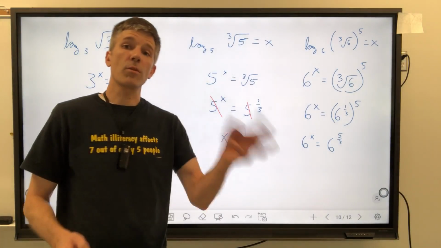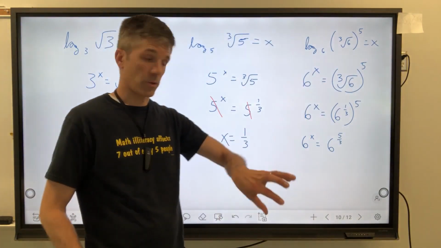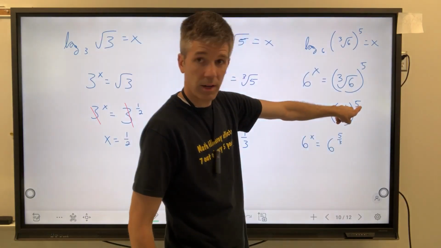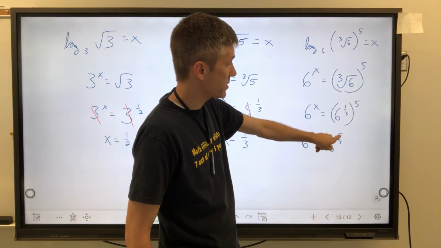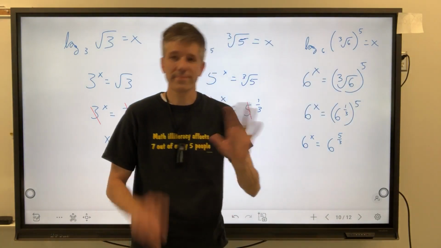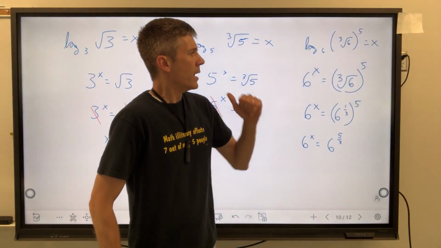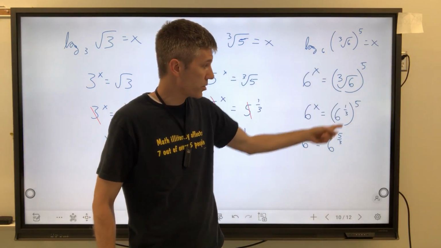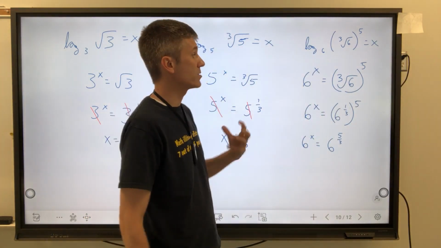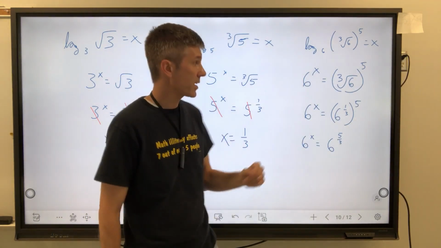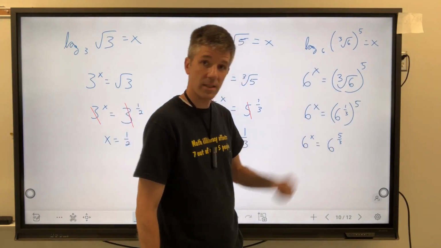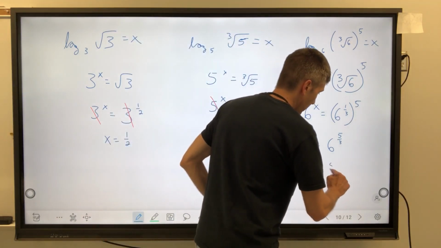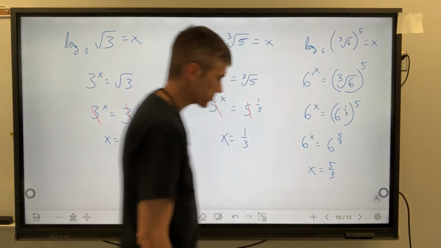So even though the cube root makes it a denominator of 3 in the root, in the exponent, that exponent of 5, just pure 5, means the numerator is 5. So let me reword that. Cube root, denominator is 3. That is your numerator. So if I have something raised to the 5/3, then I'm taking the cube root of it and then raising it to the 5th power. To answer the actual question, x is equal to 5/3.